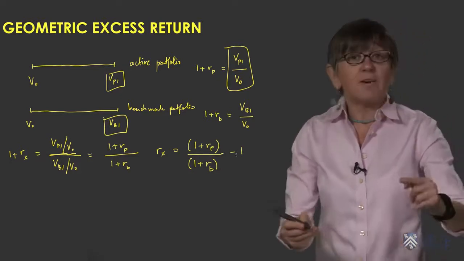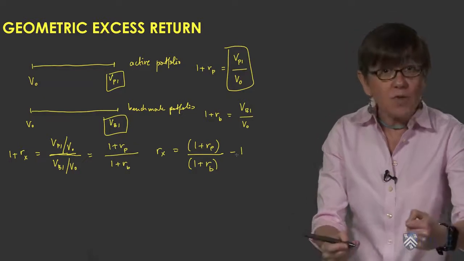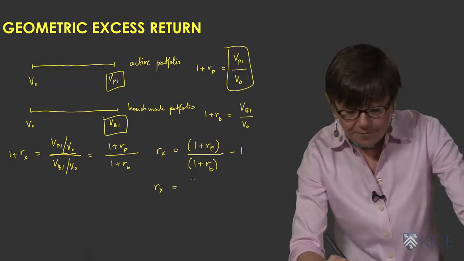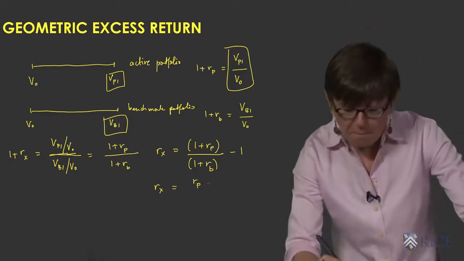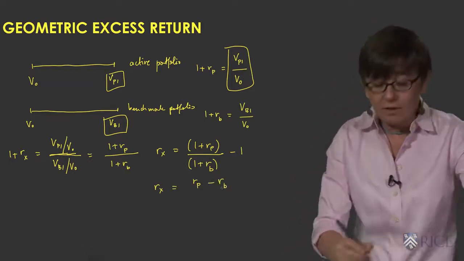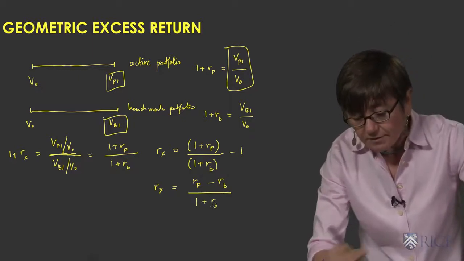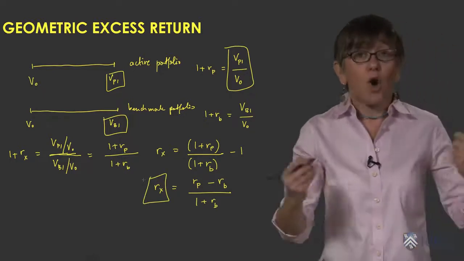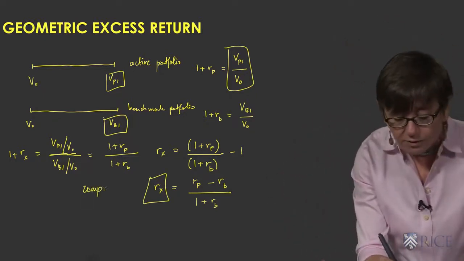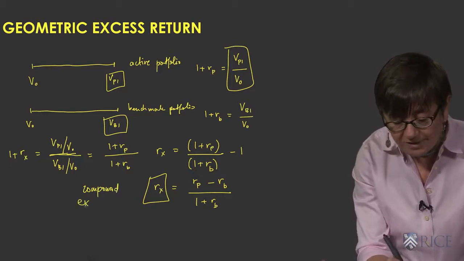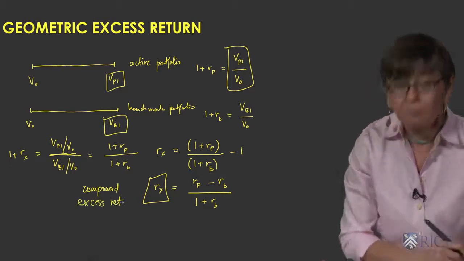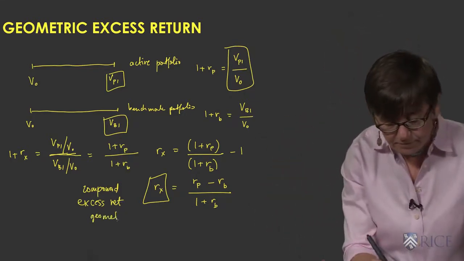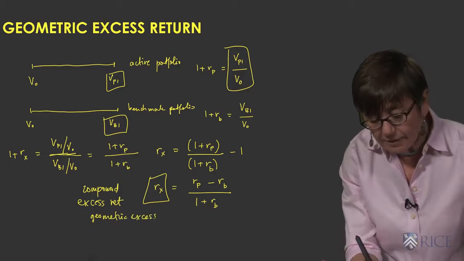So in fact, with a little algebra, we can even show that this excess return Rx can be written as the portfolio return minus the benchmark return, divided by 1 plus RB. So this Rx here is called the compound excess return per period, or the geometric excess return.